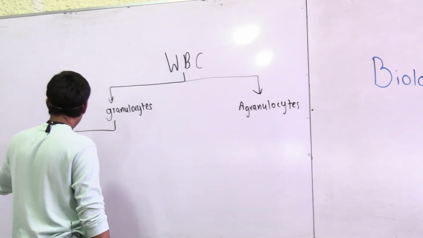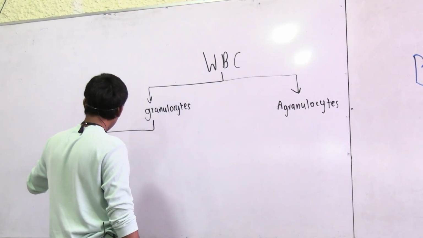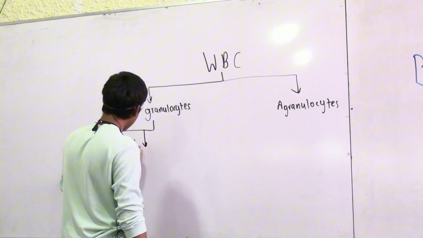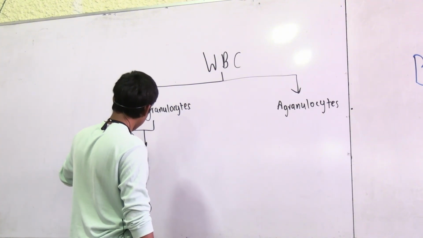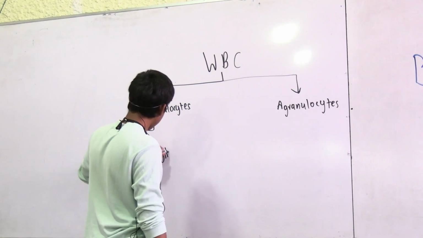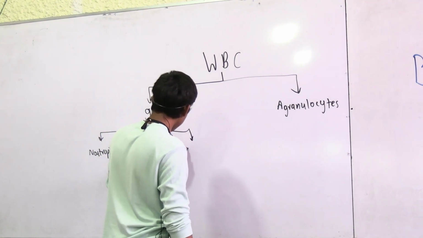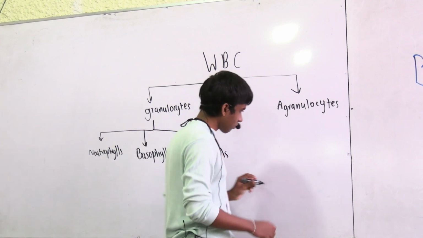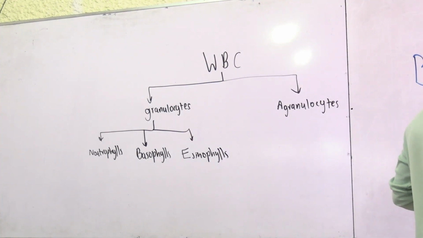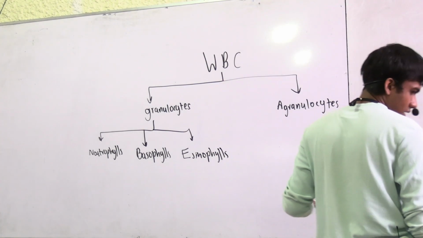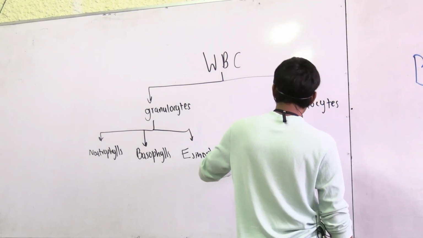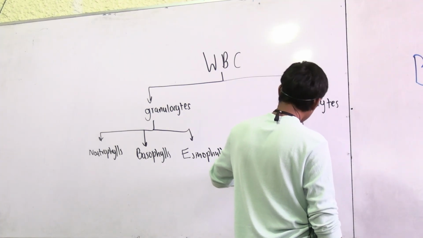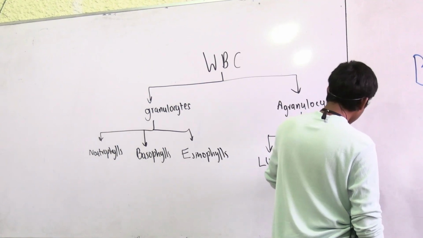There's neutrophils, basophils, and eosinophils. And under agranulocytes there are lymphocytes and monocytes.